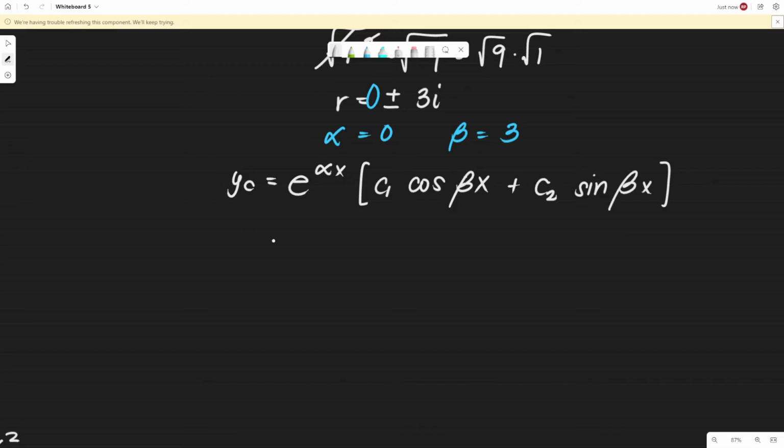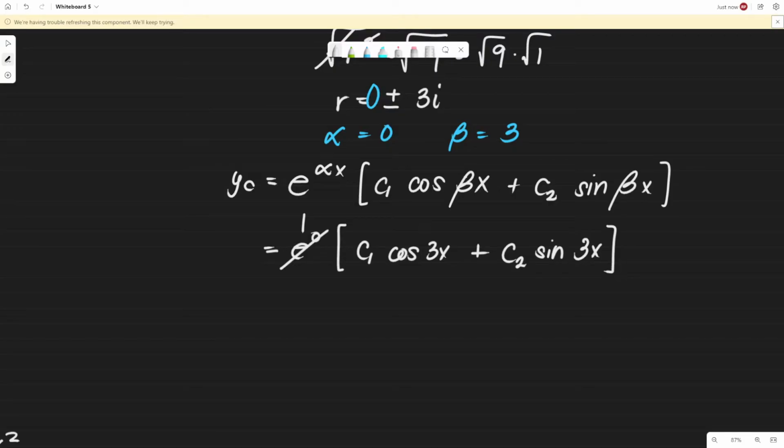So substituting, we have e raised to 0, which is equivalent to 1, multiplied to C1 cos 3x plus C2 sin 3x.